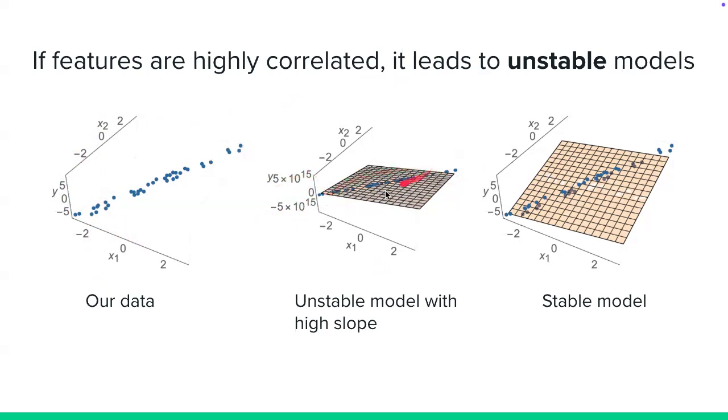This shows that our line has a very, very high slope, which is very unstable. But if we apply something that I will discuss in the next slide called regularization, then we can have a stable model that has a small slope. So how do we do this?